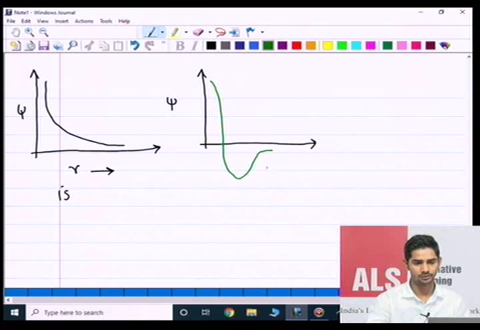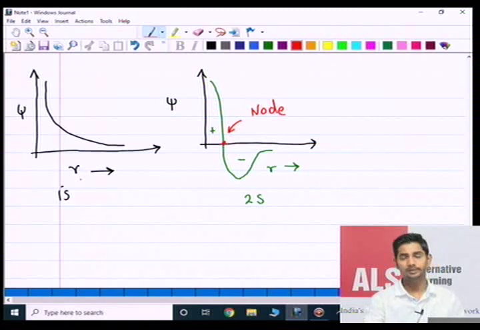This is r. Guys, this is your positive phase, and this is your negative phase. The point where it is intersecting the axis is your node. See, in 1s there is no intersection, meaning no node. In the 2s it is intersecting at one point, that's why it has one node.